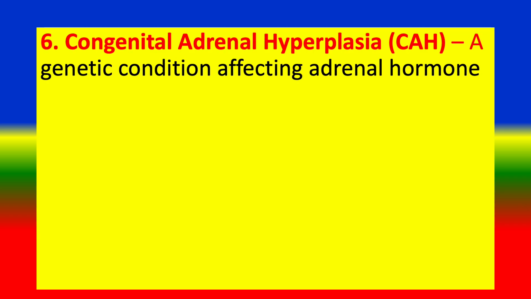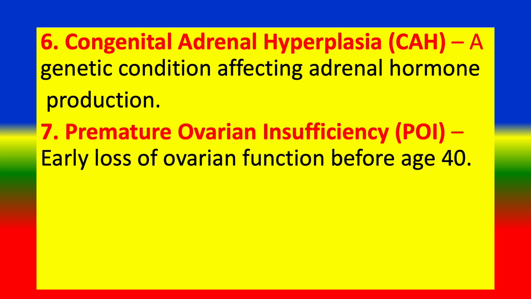6. Congenital adrenal hyperplasia, a genetic condition affecting adrenal hormone production. 7. Premature ovarian insufficiency.